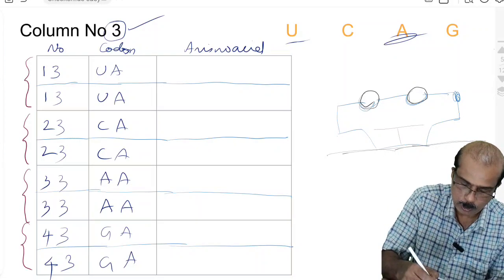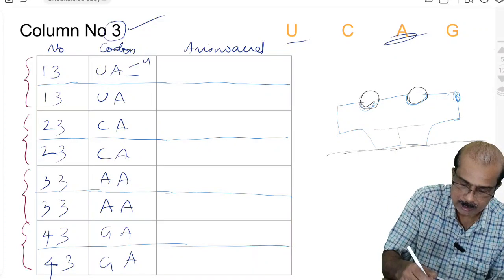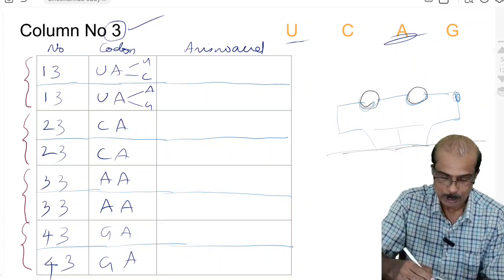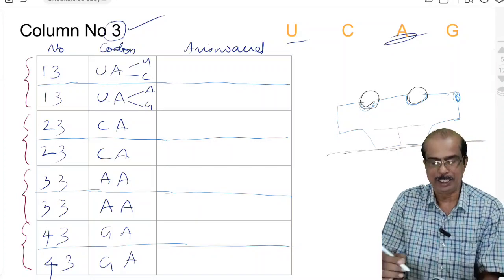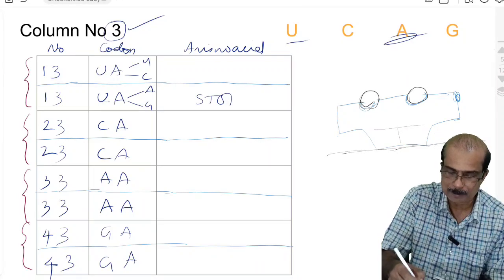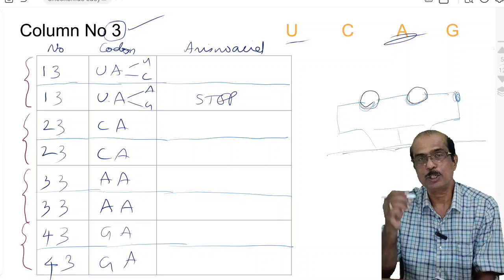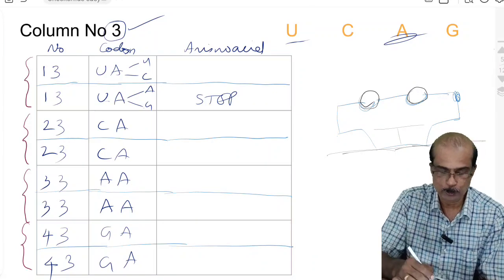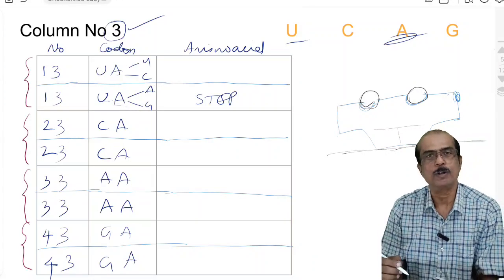Here, UAU, UAC, UAA, UAG. We know that UAA and UAG are stop codons. There are 3 stop codons, and 2 are here: UAA and UAG.